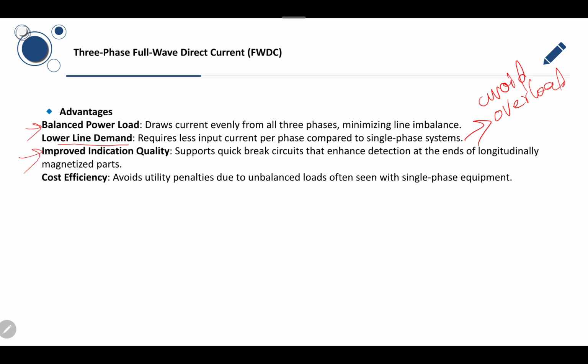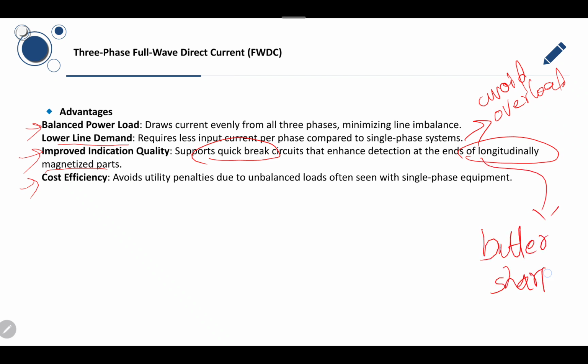Next one is improved indication quality. It supports quick break circuits that can enhance detection at the ends of longitudinally magnetized parts. This means better, sharper indications.